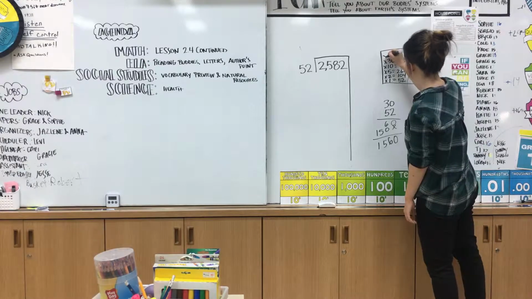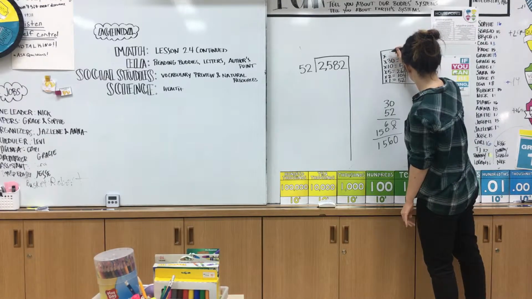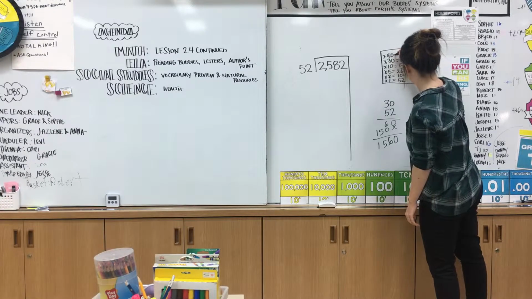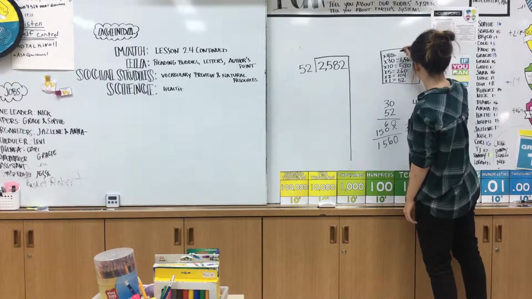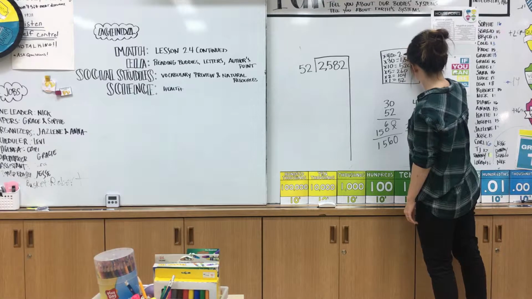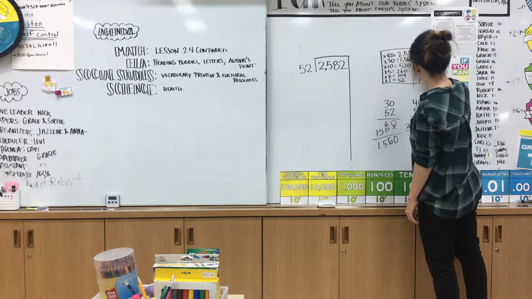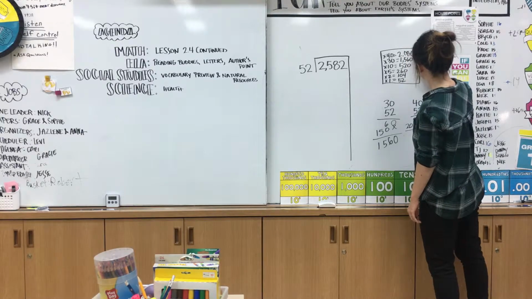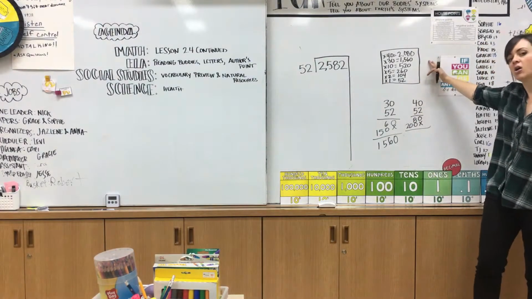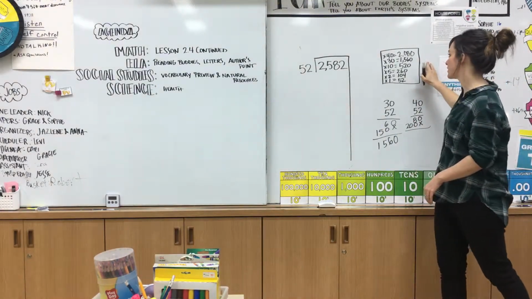And that's going to give me, oops, times 40, 2,080. Okay, so now that my help box is created, I can go ahead and start this problem.